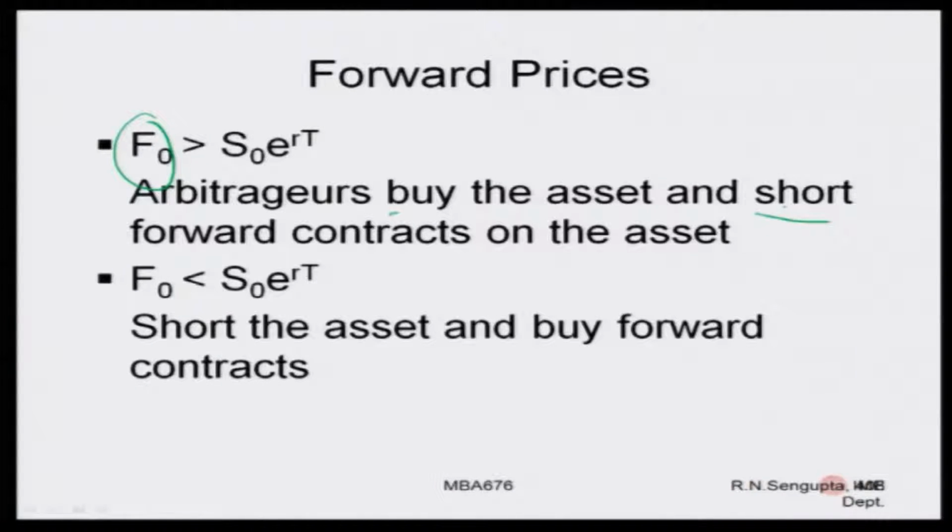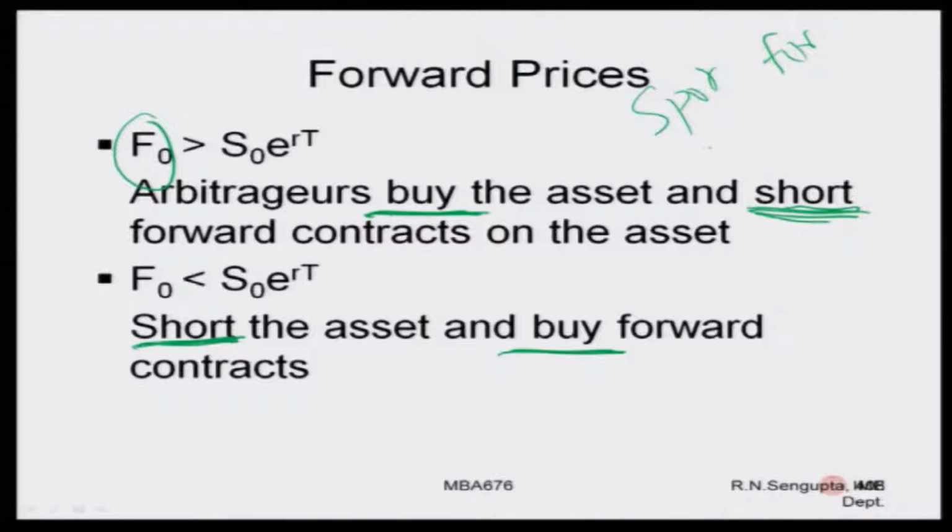In case it is just the reverse, you take the reverse position. Rather than buying the asset, which is long, you now short the asset, and rather than shorting the forward contract, you go long on the forward contract. So, what you are trying to do is exploit the difference between the spot and the forward.